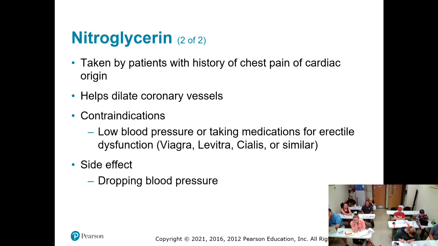Patients who have taken erectile dysfunction medications, so Viagra, Cialis, Levitra, anything similar with that, those actually work on your blood pressure as well. So if they've taken one of those and then you give them nitro, you will bottom out their blood pressure. So always ask them, have you taken Viagra, Cialis, that kind of stuff. And then side effects, headache, dropping of the blood pressure, that's all normal.